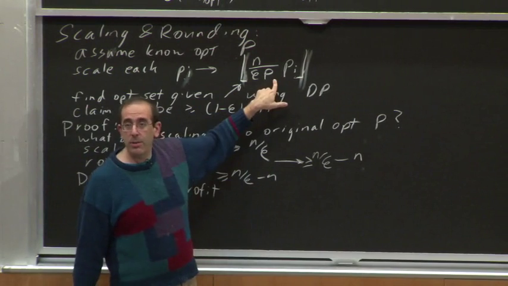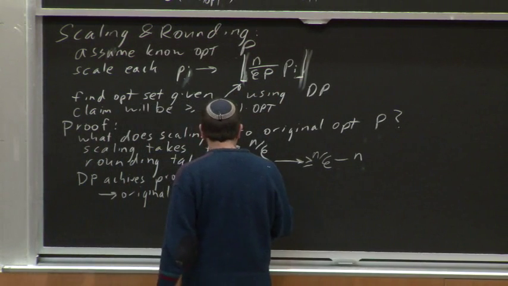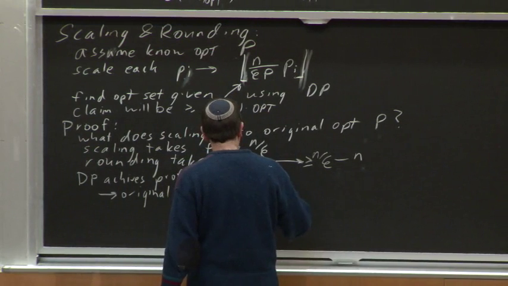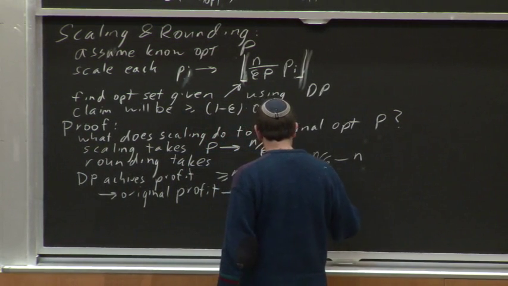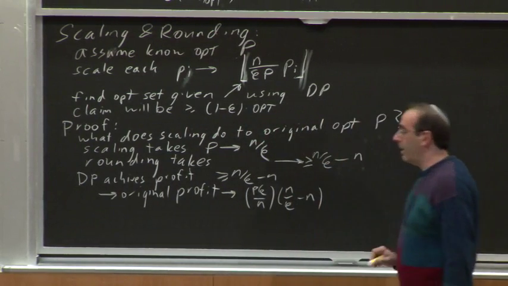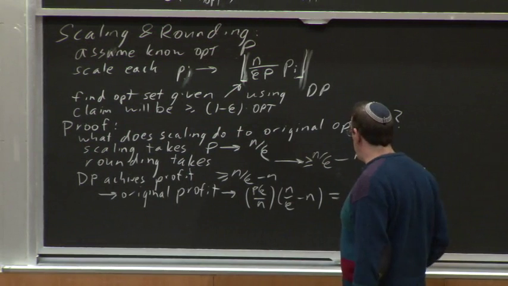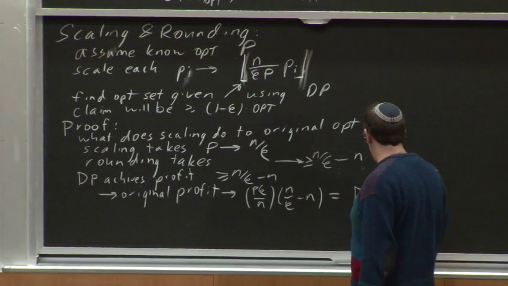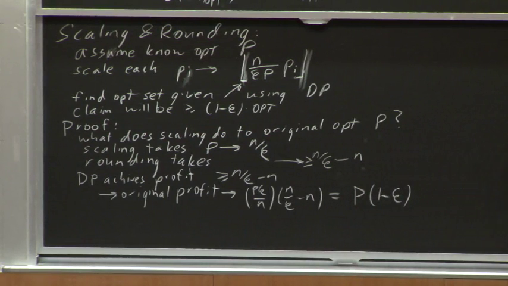But I certainly get to do the unscaling, which means that this becomes p epsilon over n times n over epsilon minus n, right? Which, wonder of wonders, just magically works out to be p times 1 minus epsilon. So I have found a subset that has value at least p times 1 minus epsilon.